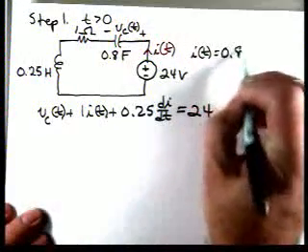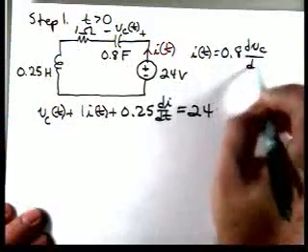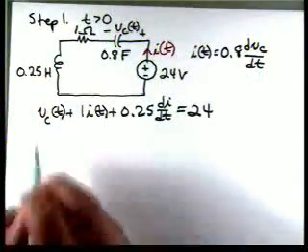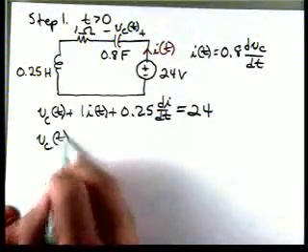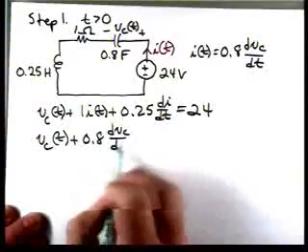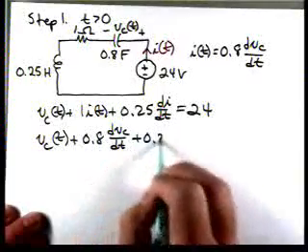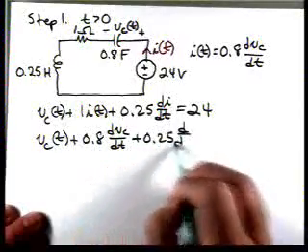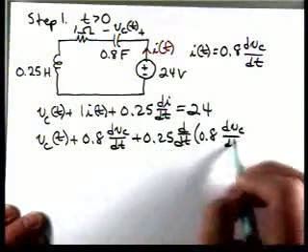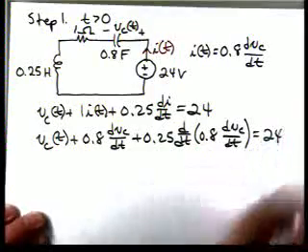Now we've got one equation and two unknowns, but if we remember about the capacitor, we know that i of t is equal to 0.8 dVc/dt. So now let's substitute this in for i of t. So we have Vc of t, we have 0.8 dVc/dt plus 0.25 times the derivative of 0.8 dVc/dt equal to 24.